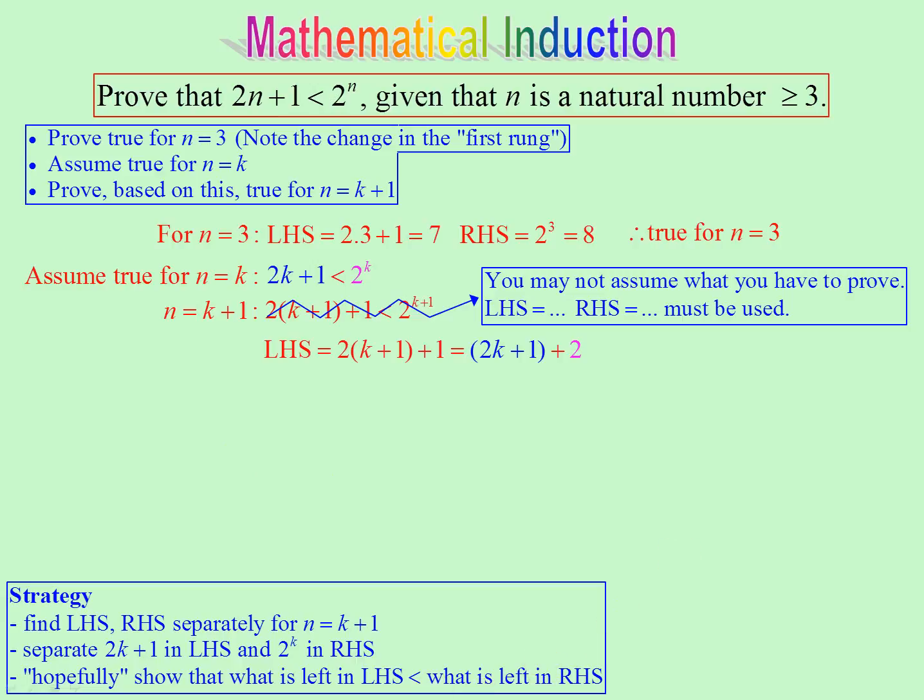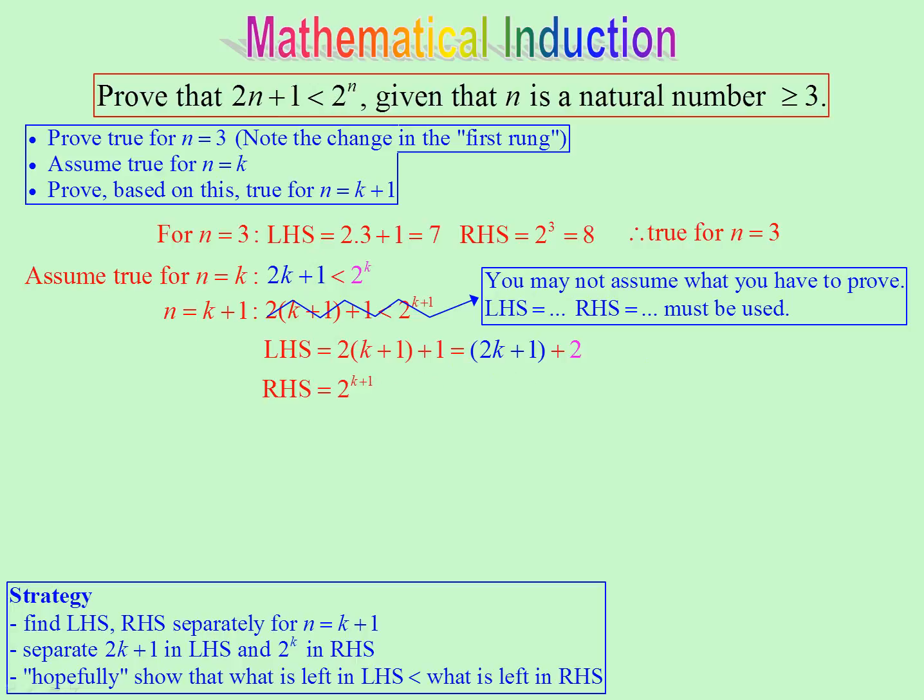Let's have a look. Right, left-hand side equals. Now I'm going to put k plus 1 instead of n. There we are. And it simplifies that. Now notice 2k plus 2 plus 1. And I've rearranged it slightly. It's still 2k plus 3. But notice I've taken 2k plus 1 and there's my 2k plus 1.